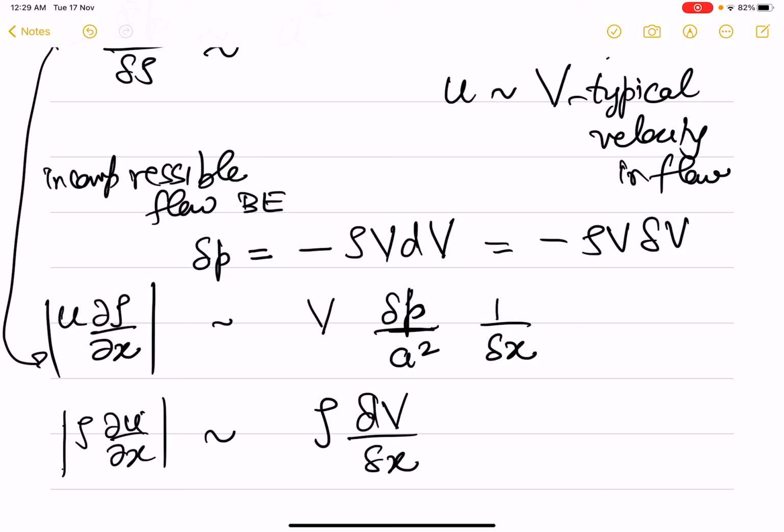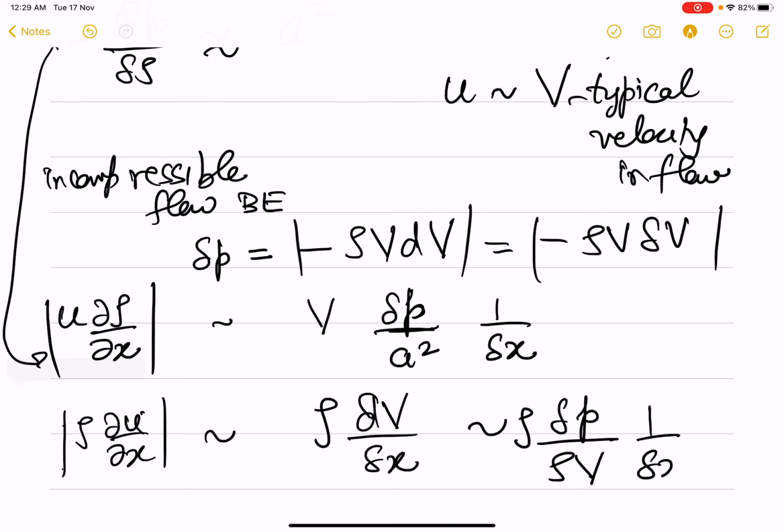So now this I will write it as, now we'll take only the magnitude, so minus sign will not count. So we take the magnitude of this, and so this dv I am going to write it as delta p by rho v, and this is delta v, there's a rho already there, and 1 over delta x.